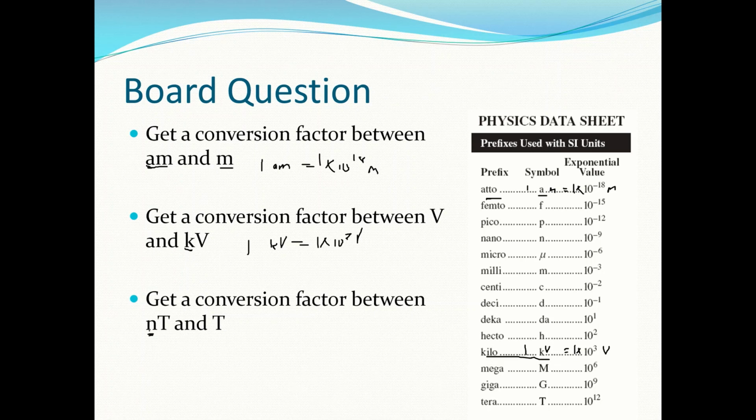It doesn't make a difference. So 1 nano. Where's nano? Oh, there it is. So 1 nano Tesla is equal to 1 times 10 to the negative 9 Teslas. So I write that out. 1 nano Tesla is equal to 1 times 10 to the negative 9 Teslas. That's all. That's all you need to do, and that's a step that most students screw up on.